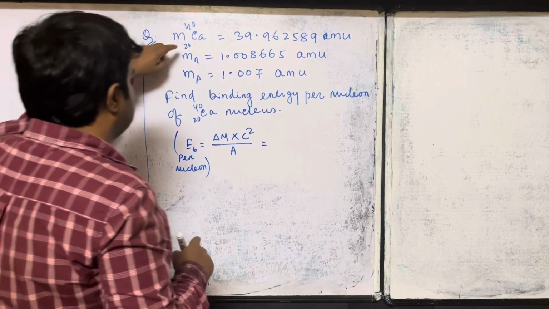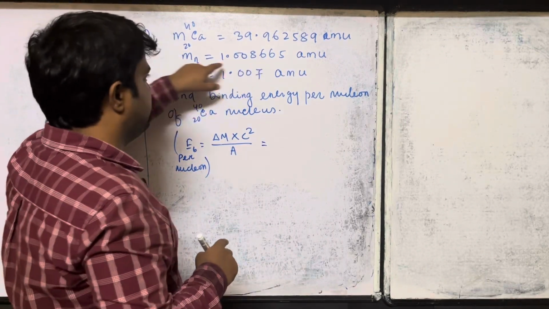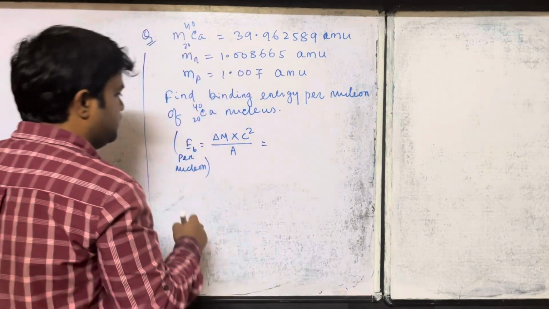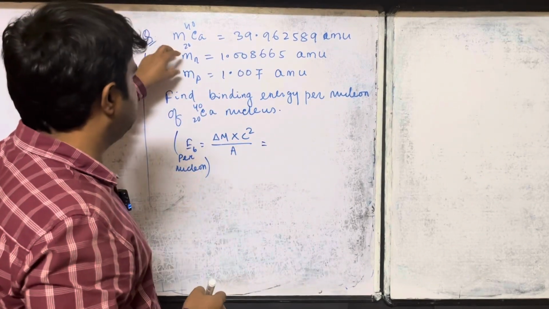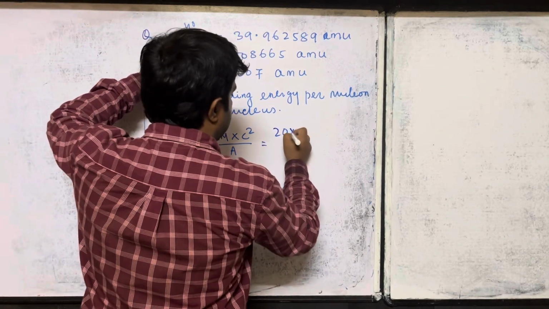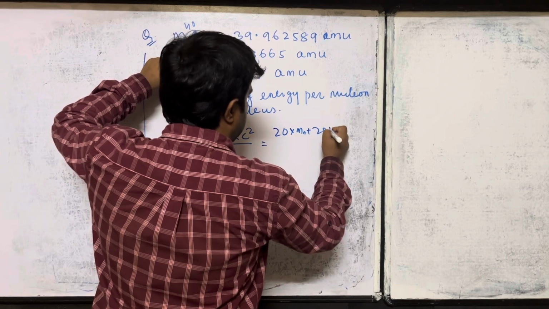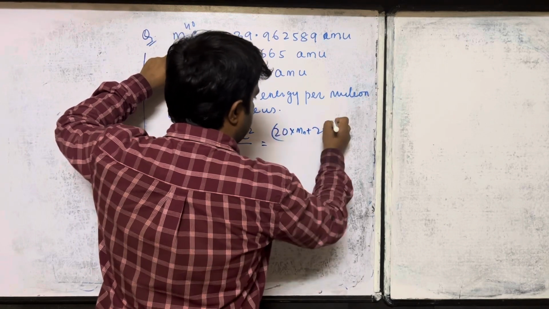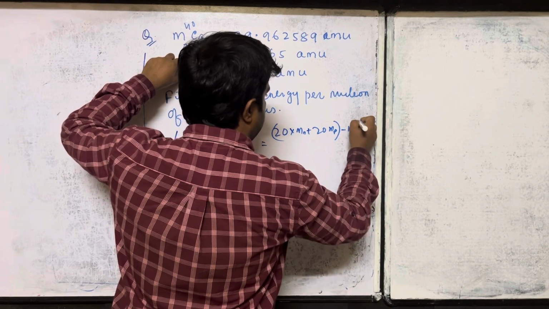ठीक है, तो एक प्रोटॉन, एक न्यूट्रॉन का मास this, so we can multiply 20 here. तो डेल्टा एम क्या करेंगे? How will you find delta m? Delta m is the sum of the mass of 20 neutrons plus the mass of 20 protons, subtracted by the mass of calcium-40.